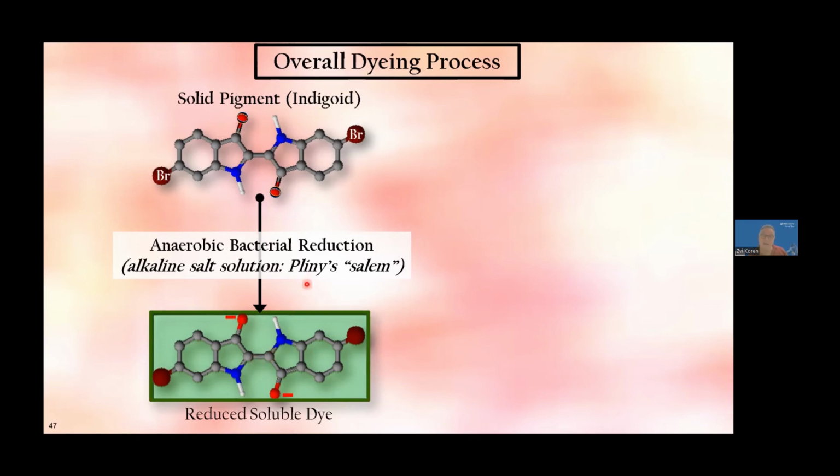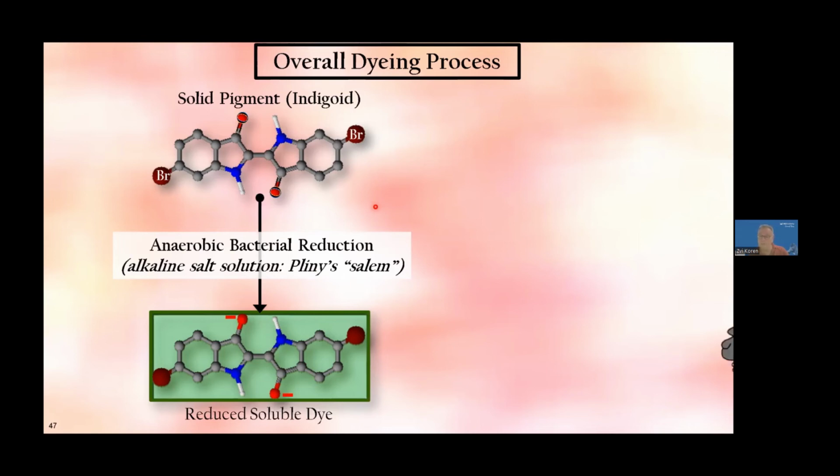And Pliny, or Plinius, however you pronounce his name, talked about a salt, and I wrote about it that he was completely right. You could use, for example, sodium carbonate, a natural alkaline salt, for this process. So now you have this green solution, a greenish reduced solution.